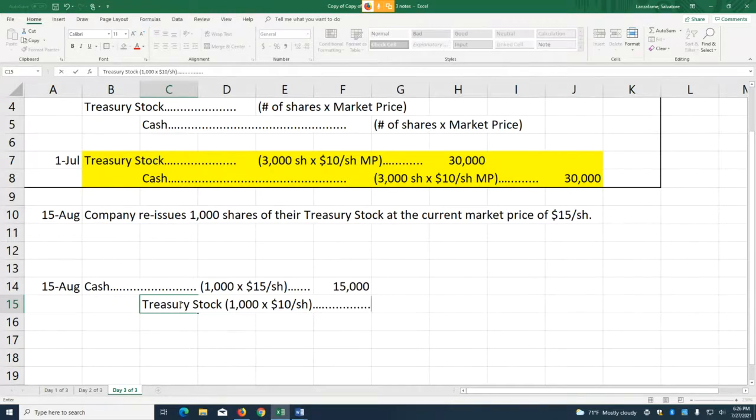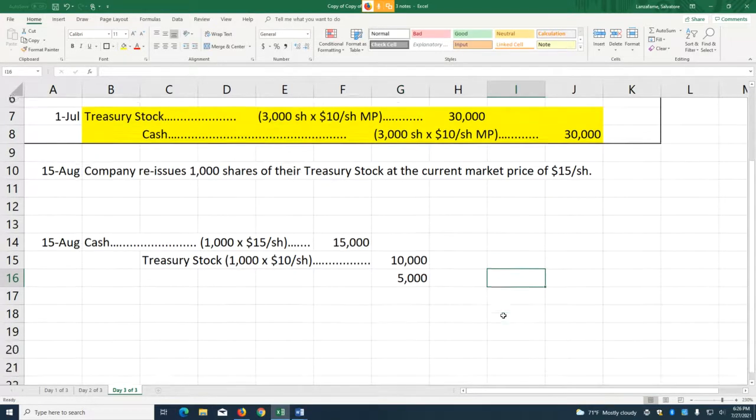So even though I'm reissuing them at 15, I got to remove them at the cost that I got them at. So 1,000 times 10 obviously is $10,000. So that means I made $5,000 over the pivot.